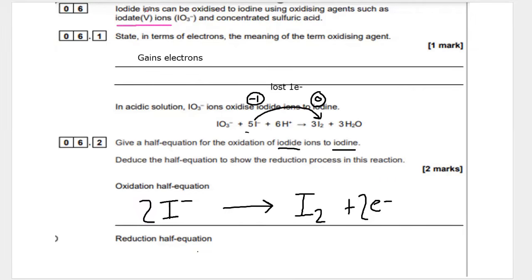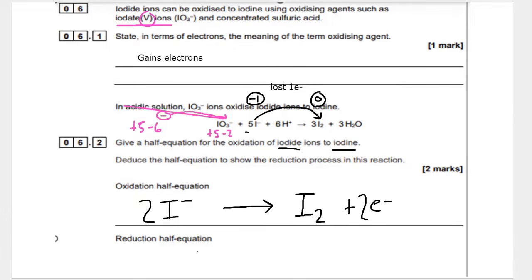That symbol in brackets, that Roman numeral 5, that tells us that the I in the iodate ions is +5 or has a +5 oxidation state. Of course, oxygen has a -2 state, but there's 3 of them. So we've essentially got +5 and -6, which gives us overall that minus charge that we see there on the iodate ion. So that's just to let you know that.